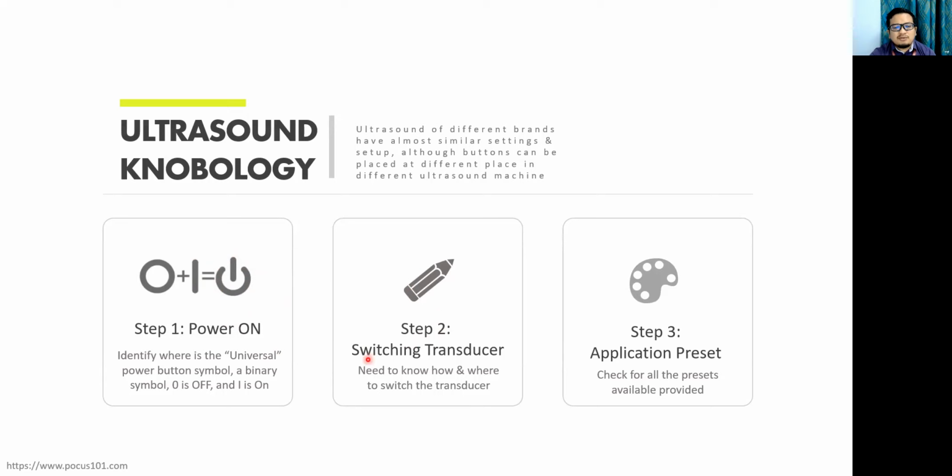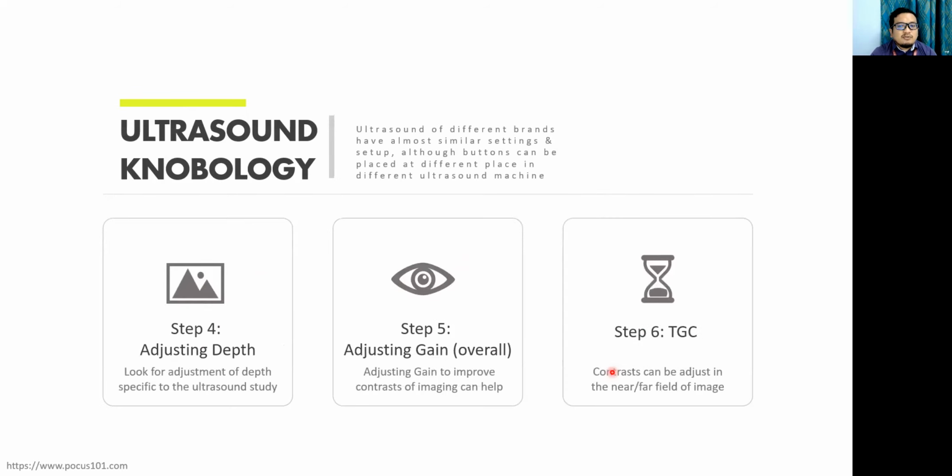Number two, you have to know how and where to switch the transducer between the 3 transducer probes. Number three is to check all the presets available at the application preset. Number four is to adjust the depth according to your area of interest and what you want to scan.